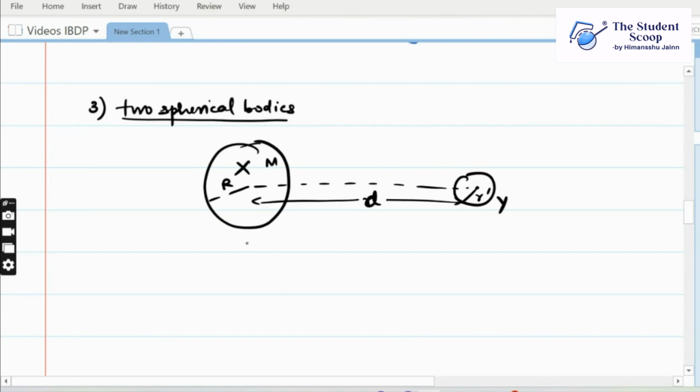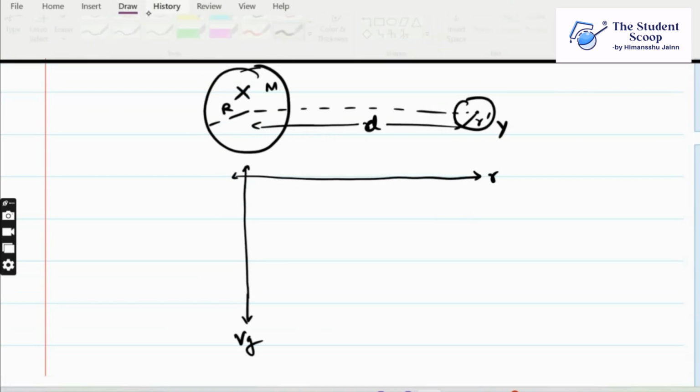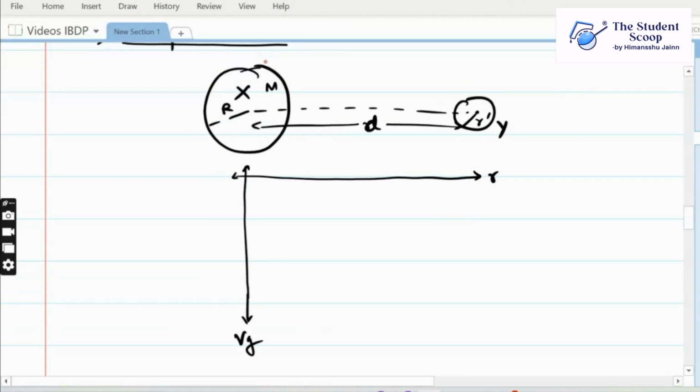Now, if I try to plot and depict the same thing on a potential versus R graph, it will look like this. Vg over minus R. It will start at some R, the radius of this planet, and it will have a more negative Gm over R, since it is a higher mass. Let's say the mass of the other is M dash.